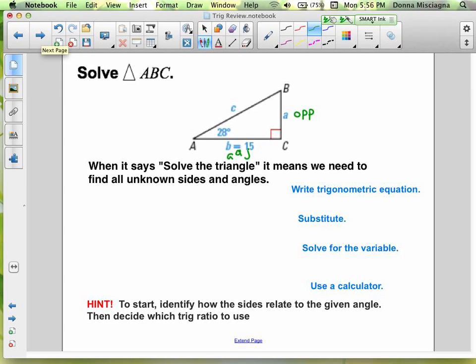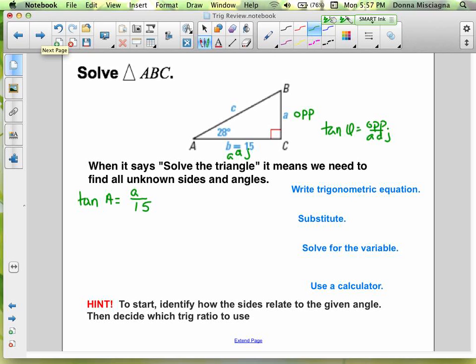So opposite and adjacent, that is tangent. If we are looking for opposite and adjacent, then we're going to use tangent. I'm just going to put that over there as a little reminder for us. All right, so tangent A equals A divided by 15.